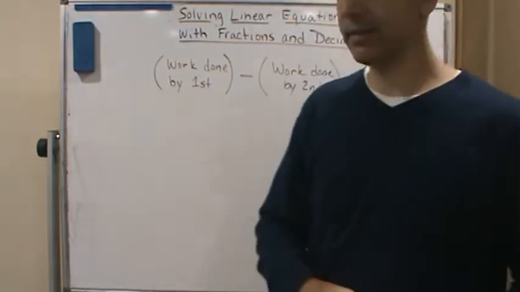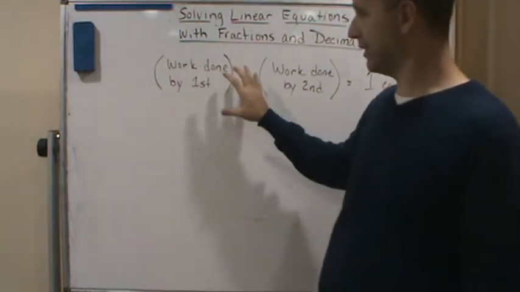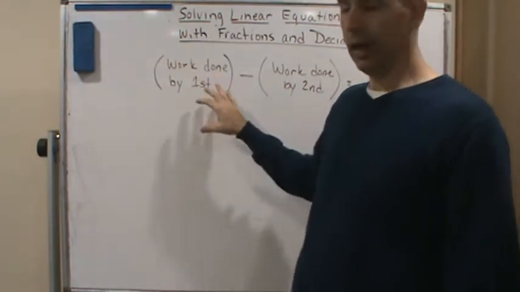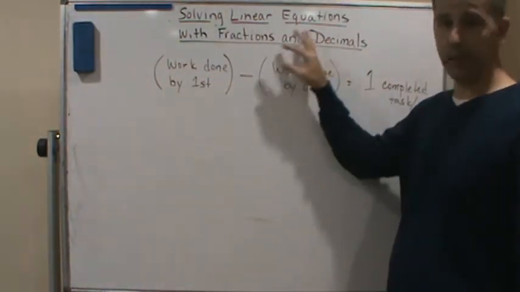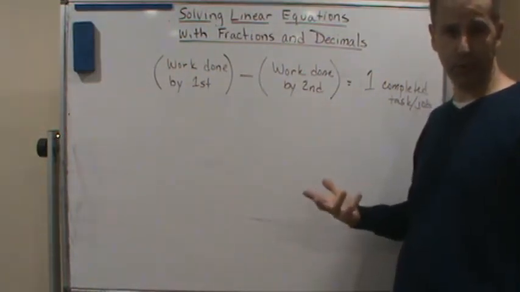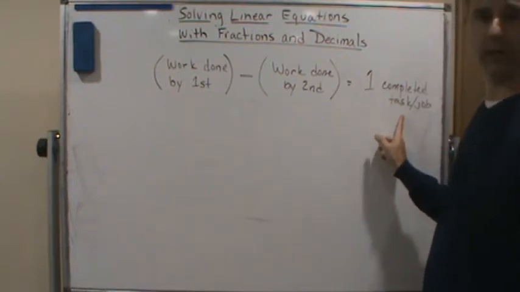So in that case, it becomes a subtraction problem where we take the amount done by the first person or machine, and we subtract off the amount of work being done by the second person or machine, and that amount should equal the one completed task or job.